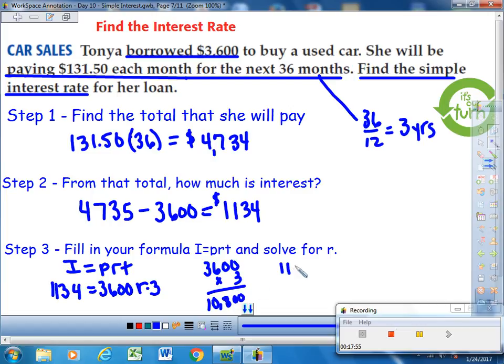So now what do I have? I have $1,134 equals 10,800 R. Then solve for R. So divide by 10,800.